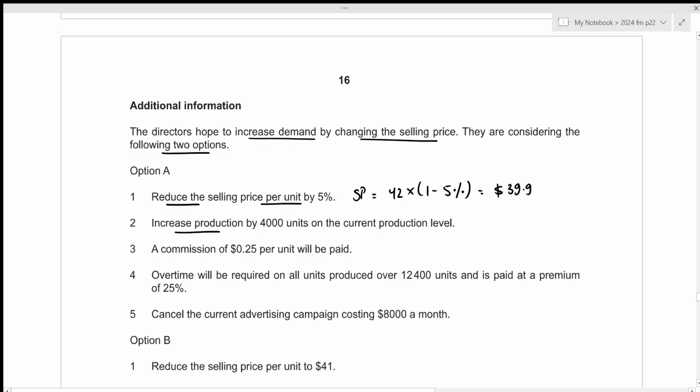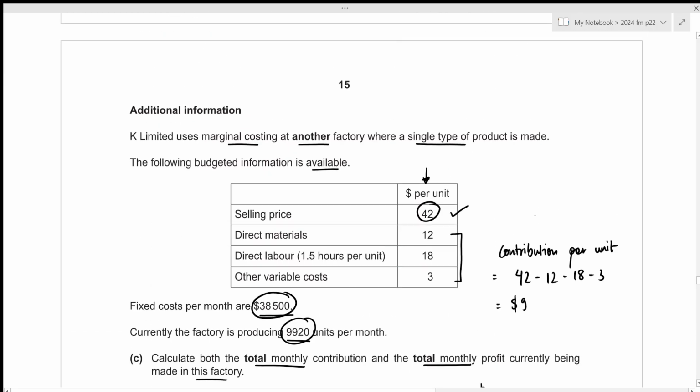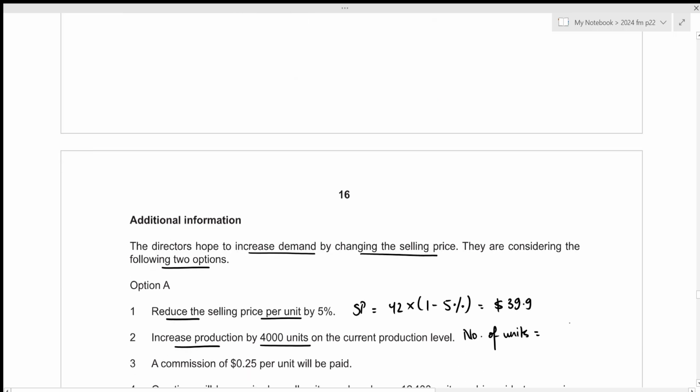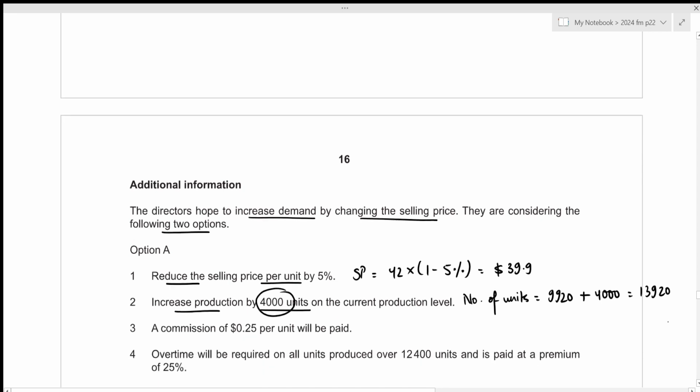Then we need to increase production by 4,000 units on the current production level. So our new number of units will be the previous production level of 9,920 plus the additional 4,000 units. This results in 13,920 units.